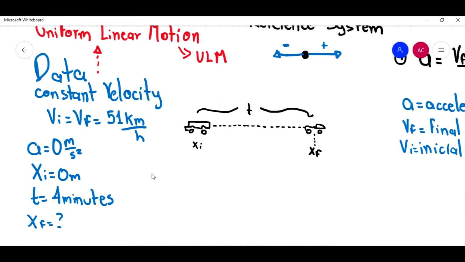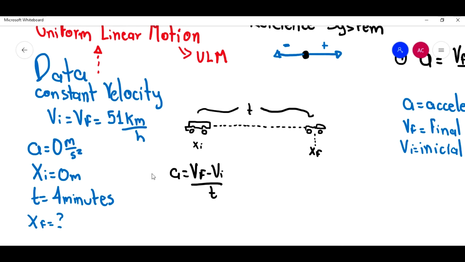Okay, after I've got this, I recommend you write the equations. Always: acceleration equals final velocity minus initial velocity over time. Always. It doesn't matter that you already memorized them. It is very important for you to write them. Final position equals initial position plus initial velocity multiplied by time plus the acceleration times time squared over 2. Okay, and then from this point, I'm going to cancel everything that is 0.